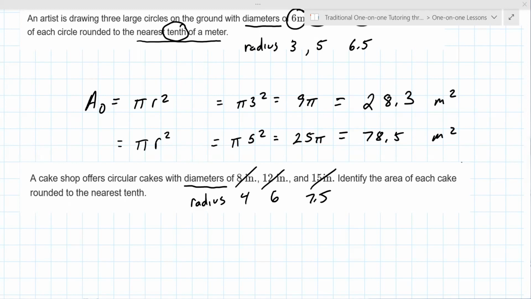It's 113.1. And the last one is 176.7. Perfect.